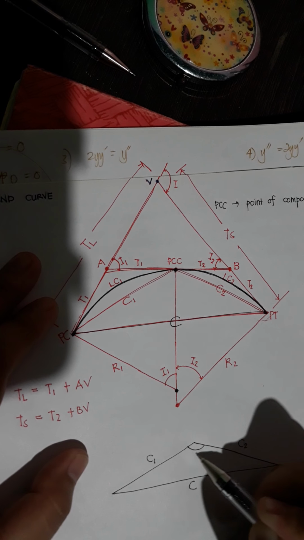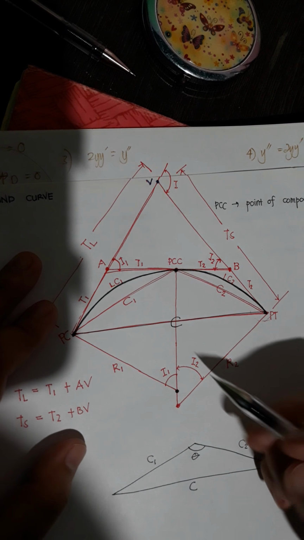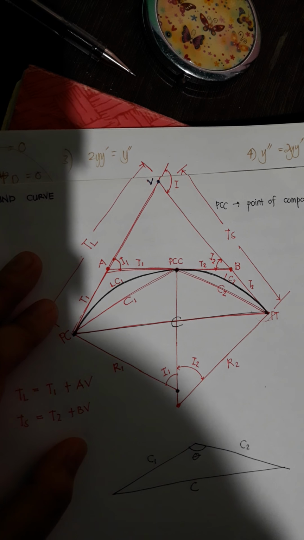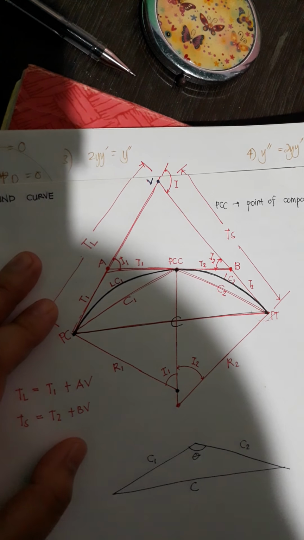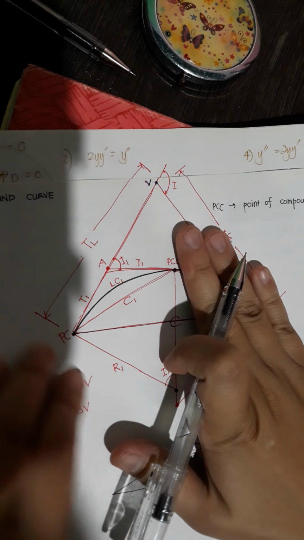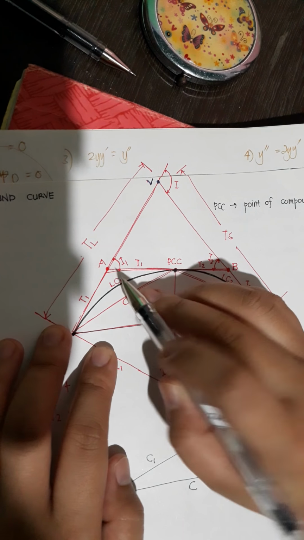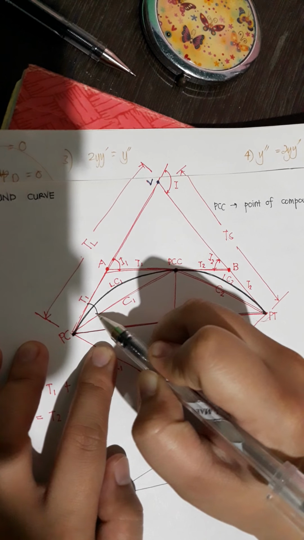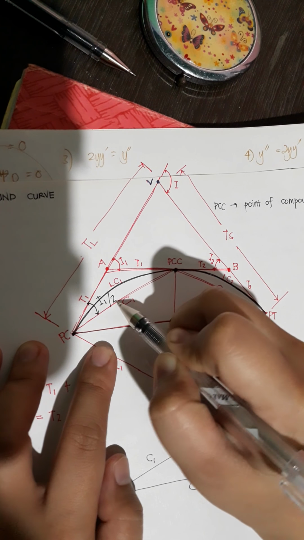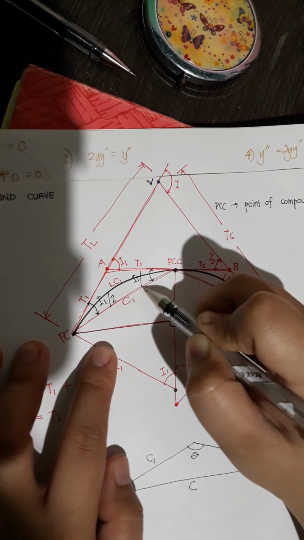So let's say this is angle theta. We know that for a simple curve, if this is I1, this is also I1, but this one is I1 over 2, so this one here is also I1 over 2.